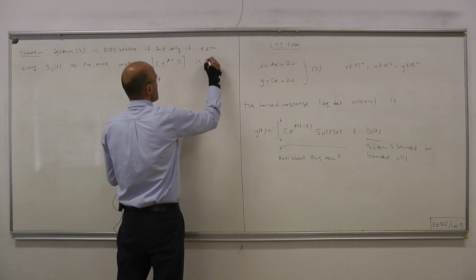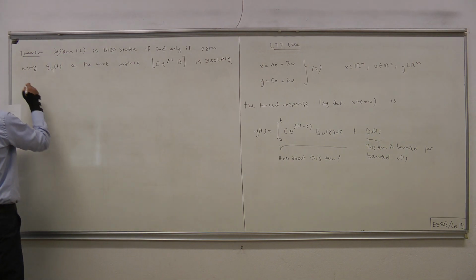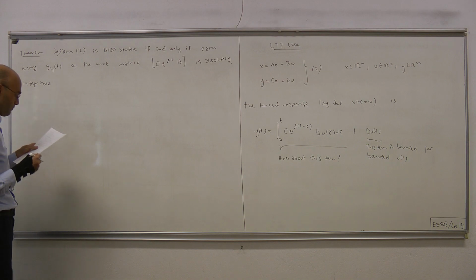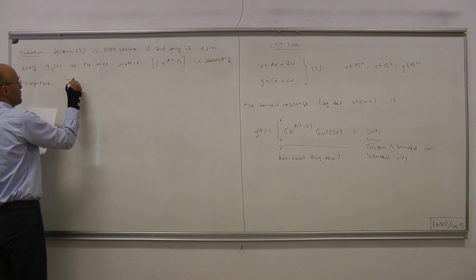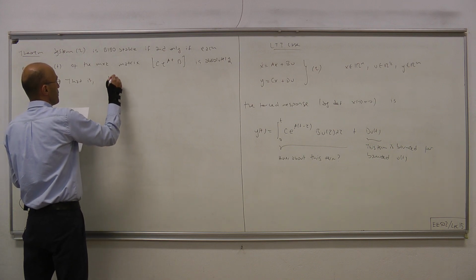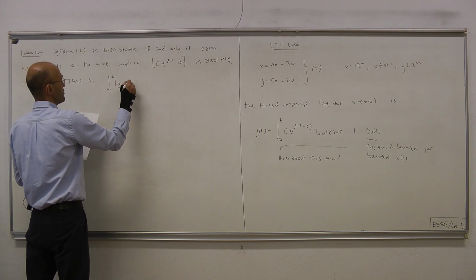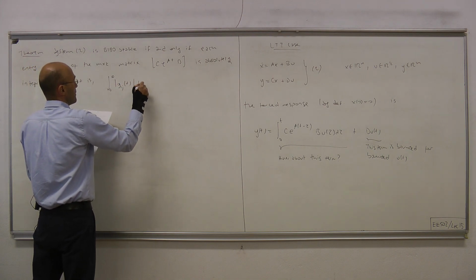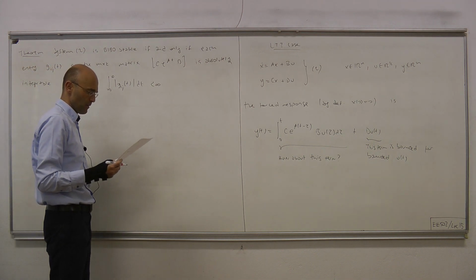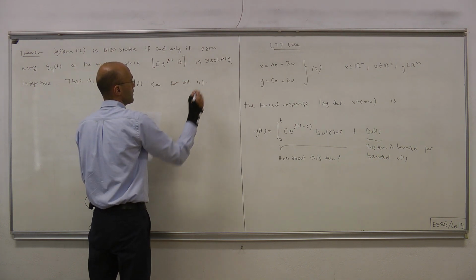Is absolutely integrable. In other words, that is, from 0 to infinity, the integral of the absolute value of g_ij dt is something bounded, something finite, for all entries i, j.